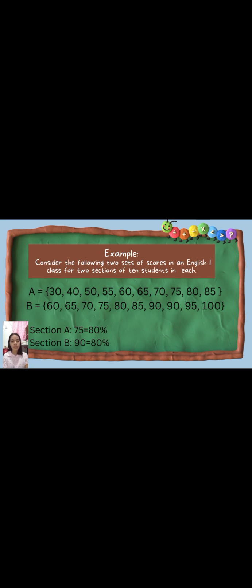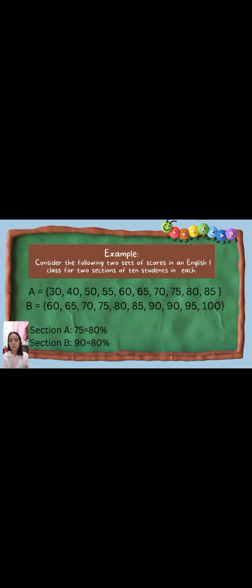And section B: 60, 65, 70, 75, 80, 85, 90, 90, 95, and 100. So, sa section A, 75 is equal to 80%, and section B is 90 and also equal to 80%.